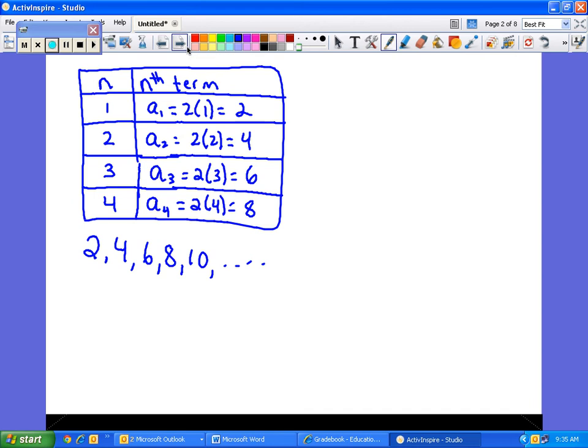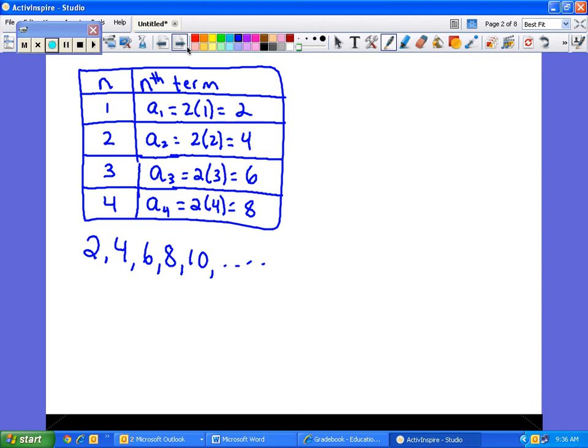One way to represent that is to create a table, so you can see what's going on. Now you don't have to. If you recognize what's going on, you don't need to make a table. But sometimes making a table lets you visually see what's going on in the problem. So what's going on here?